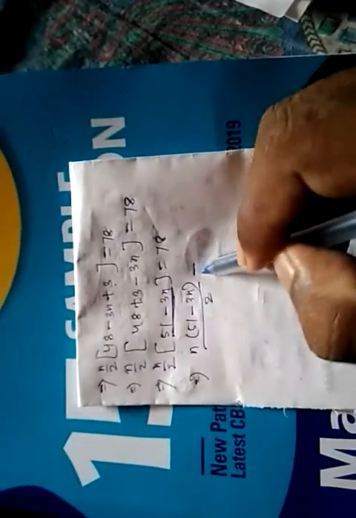But here there is no common factor 2, so you cannot cancel these 2. So n will be multiplied with whom? Now 51 minus 3n by 2, that is equal to 78. Now multiply n into 51. How much? 51n minus 3n square, and these 2 will be crossed over, 78 into 2. So this implies 51n minus 3n square is equal to 156.